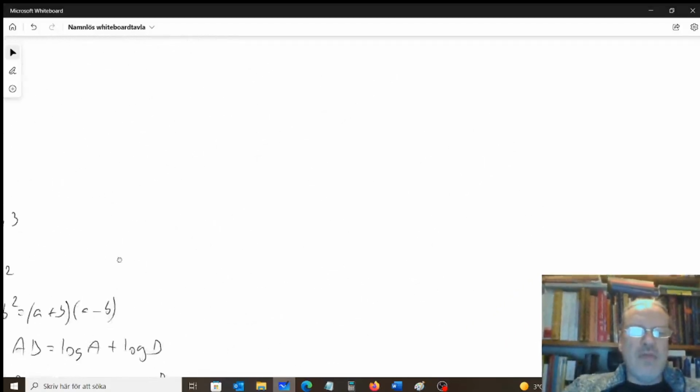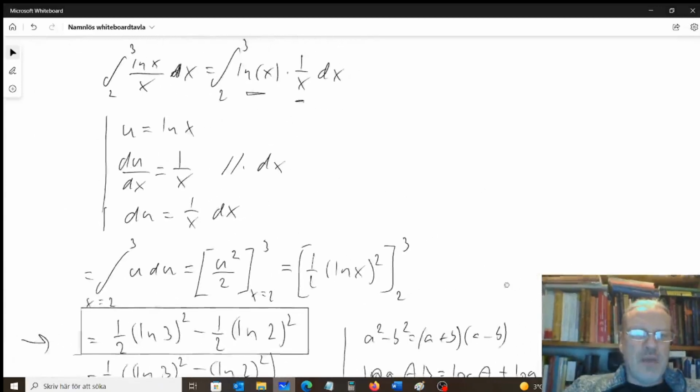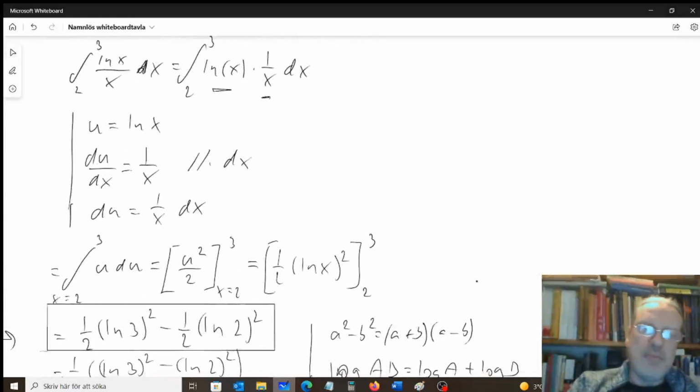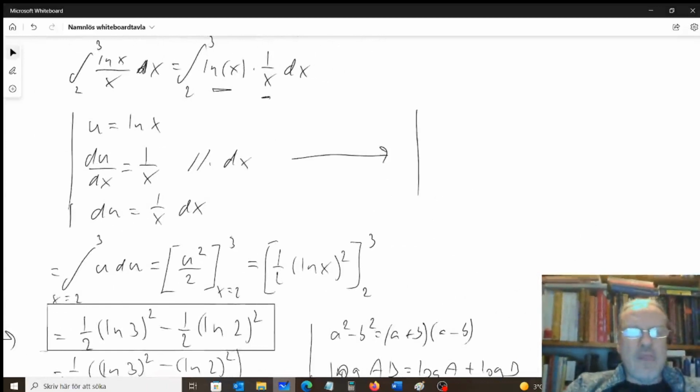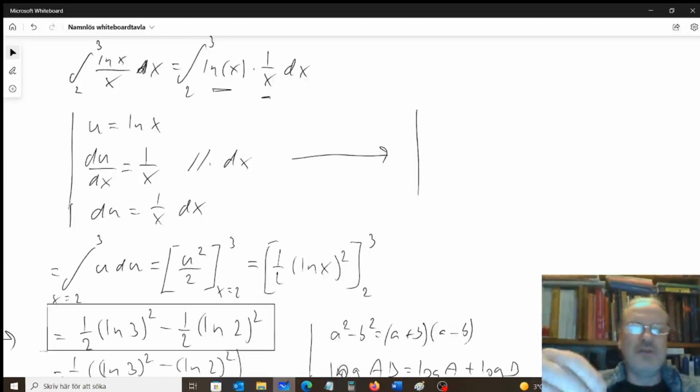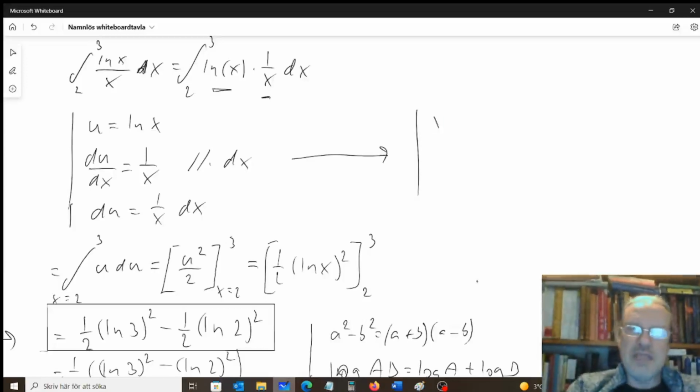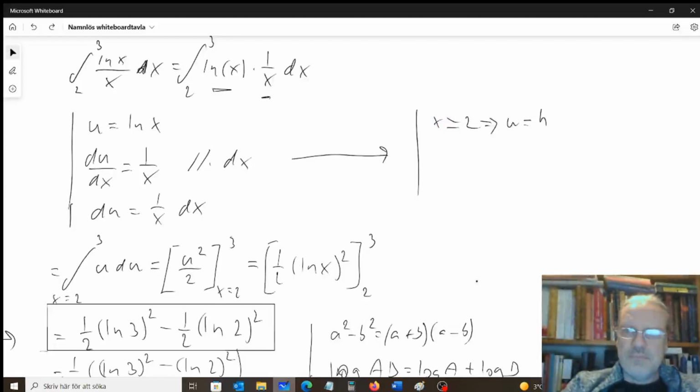So what is the other method to do this? What we will do here at this step, we will add that we also apply the substitution to the upper and lower bounds. So we say when x equals 2, then u would be ln of 2. When x equals 3, then u would be ln of 3.